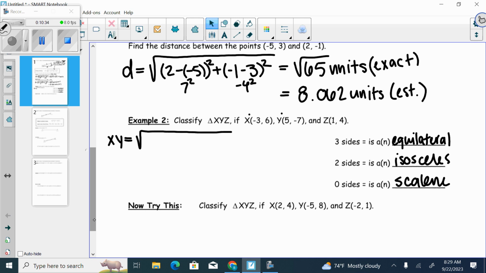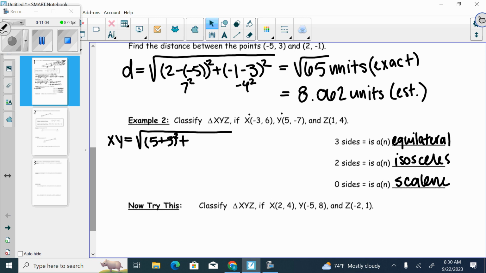So my x2 minus x1 would be what? What's x2, guys? And what's x1? So what does 5 minus a negative 3 really mean? Plus, yes. Yes, we will get 8. So 5 plus 3 squared.